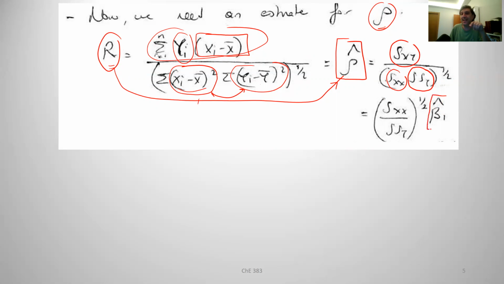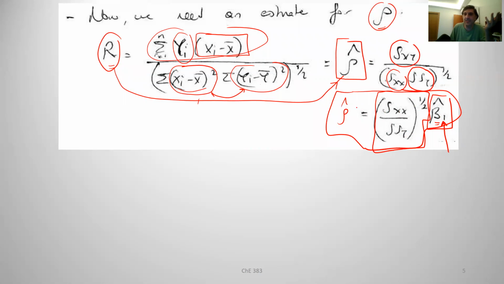If you obtain beta 1 hat by least squares analysis, multiplying by this coefficient gives you the sample correlation coefficient. Therefore, another way of finding the sample correlation coefficient is to first use least squares analysis, come up with the beta 1 hat value, then multiply by this value and obtain this.